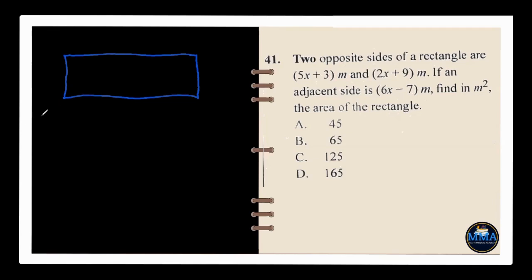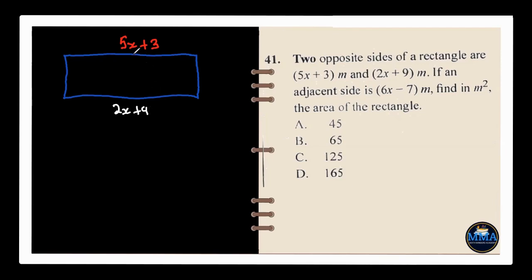All right. So this side, we are told that two opposite sides of a rectangle are 5x plus 3. So this side is 5x plus 3. This next side that's opposite to that one is 2x plus 9.